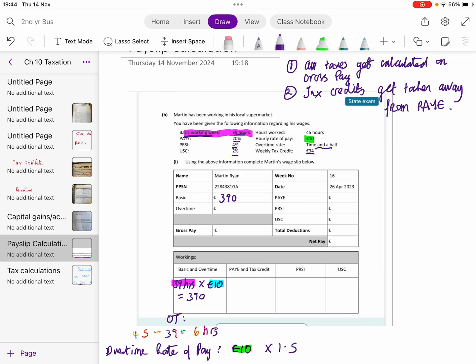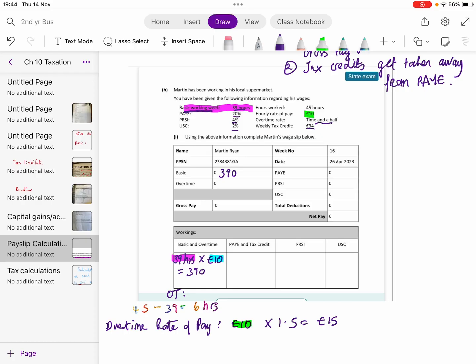Because time and a half basically, girls, means that I'm getting my full €10 plus another half on top of that. So that's why I multiply that by 1.5, and I end up with my new rate of pay being €15 per hour. Okay, so if I come back up, I have 6 hours coming from here, multiplied by my new rate of pay of €15. So my overtime pay is €90. So I'm going to put that up here into the overtime box.